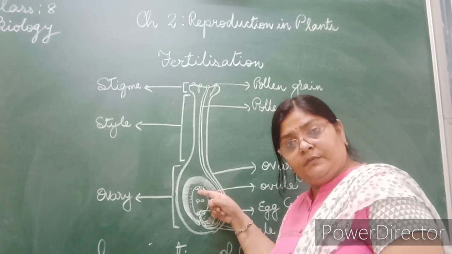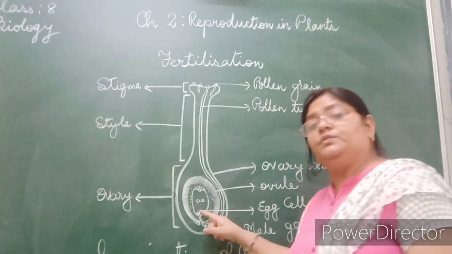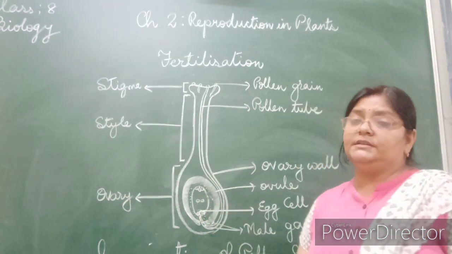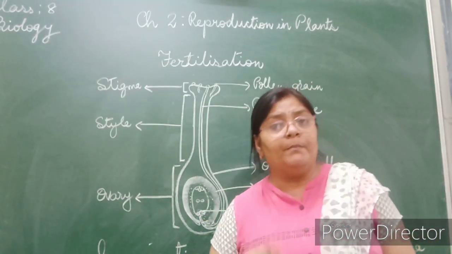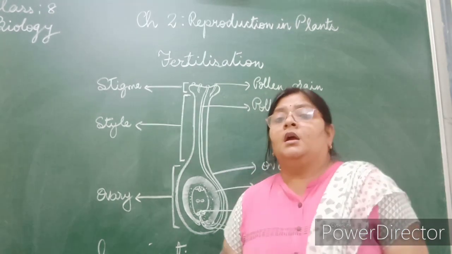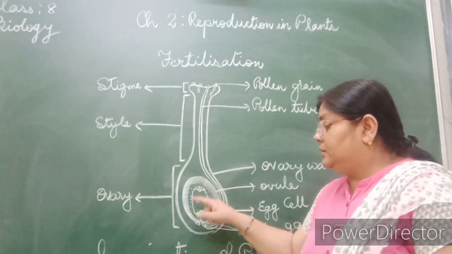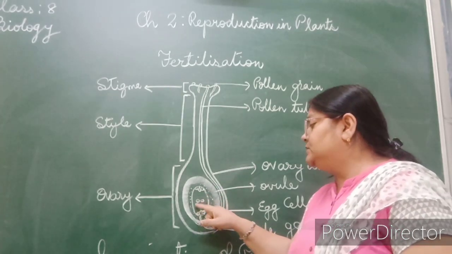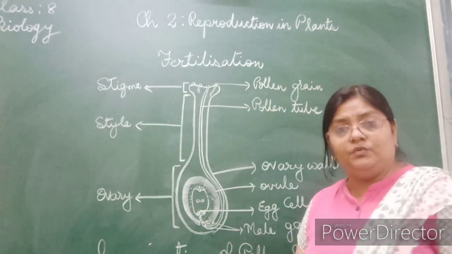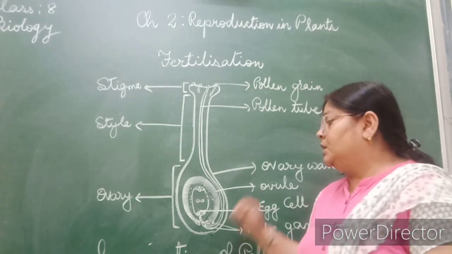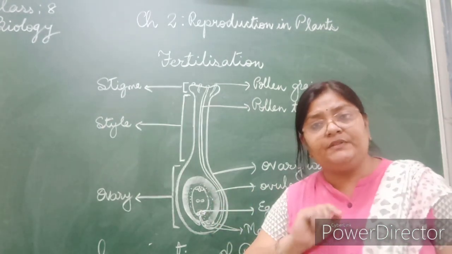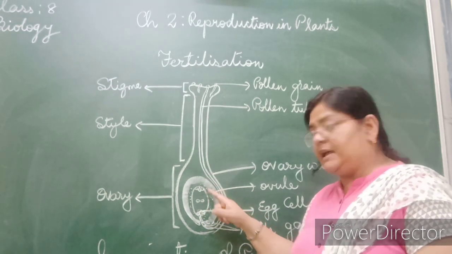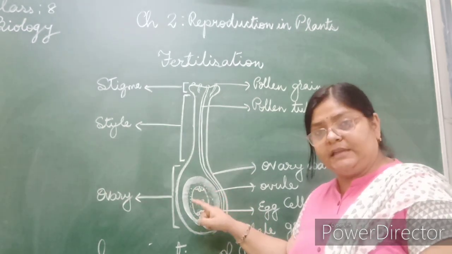Here in the embryo sac, there are 3 cells towards the micropyle and 3 cells just opposite to it. Now of the 3 cells towards the micropyle, the central cell is the egg cell or the ovum. The 7th cell is the central cell, which has 2 polar nuclei. I repeat, the embryo sac has 7 cells: 3 towards the micropyle, 3 on the opposite side, and 1 central cell.